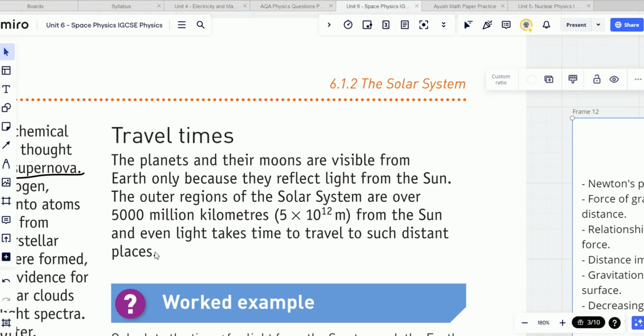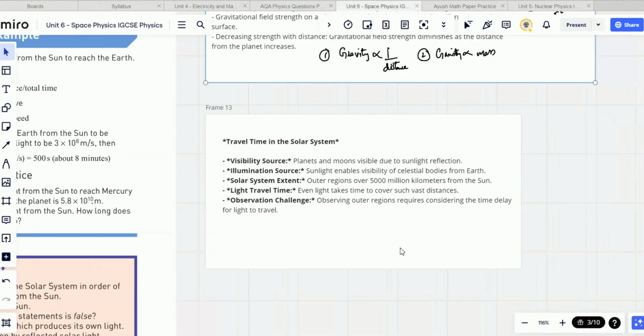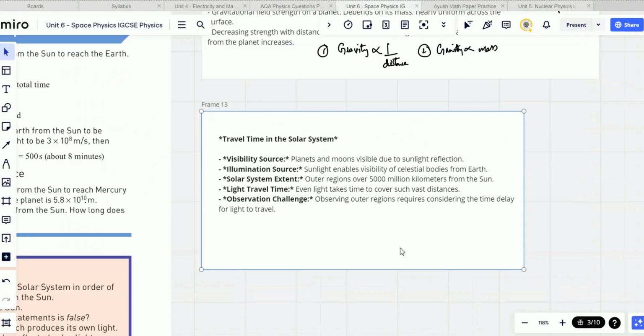The outer regions of the solar system are about 5,000 million kilometers from the sun, and even light takes time to travel such a distance. Do you get this part? The universe is so vast that even light feels slow to reach this much distance. Okay, so you need to remember this.